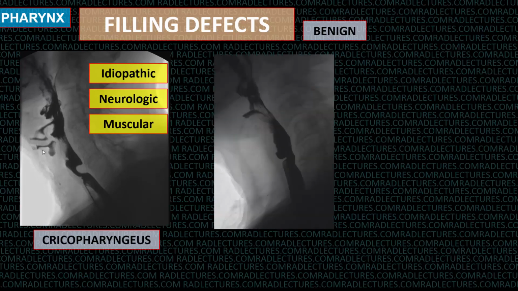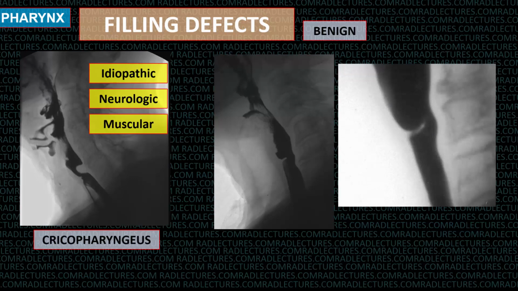The next benign filling defect in the pharynx is along the anterior aspect of the pharynx, and that is called a web. It is less than 2 millimeters in diameter, and usually it is of no significance. However, sometimes it can be very prominent and it can cause obstruction.